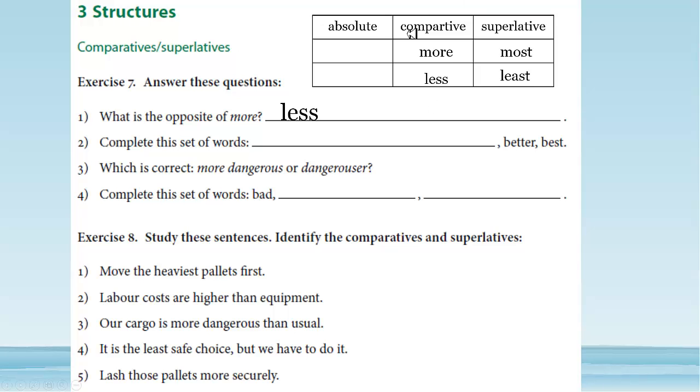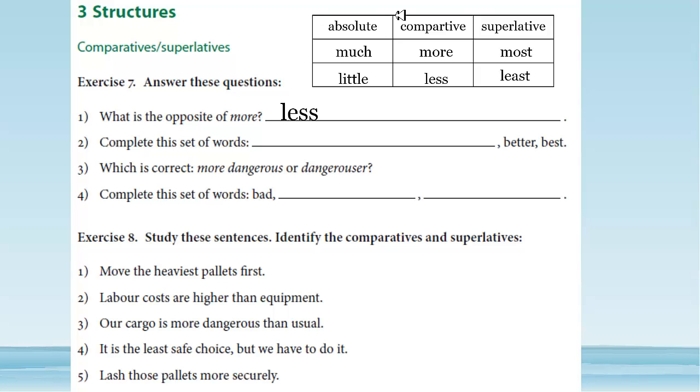But then what is the absolute form? That one's tricky. What are we actually talking about here? We're talking about much or a lot. I tend to say, with American, I have a lot, but he has more, she has the most. And less, and she has the least. What's the absolute? Little. So I have little, he has less, she has the least.